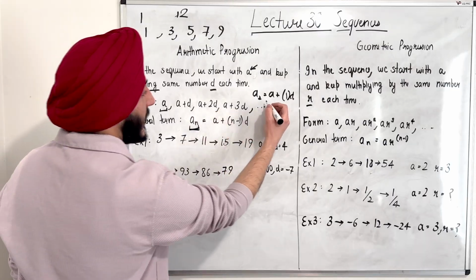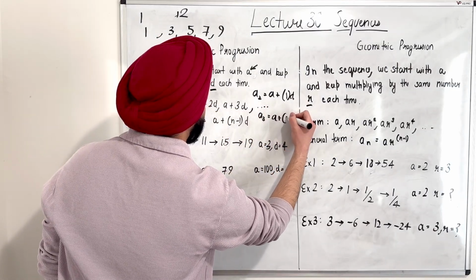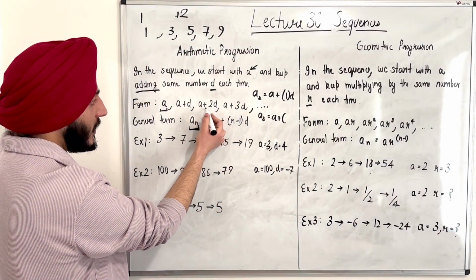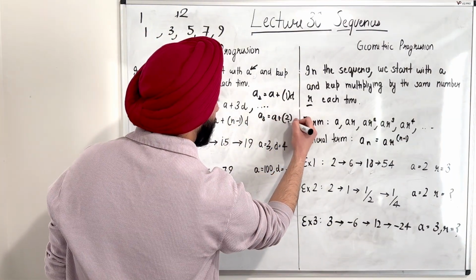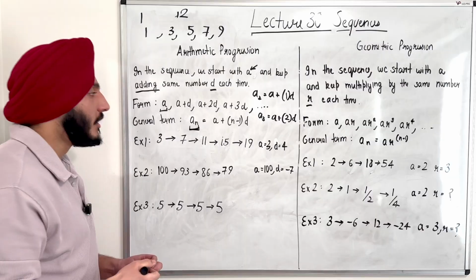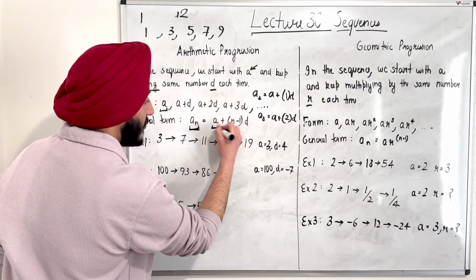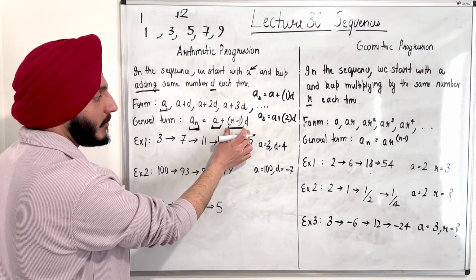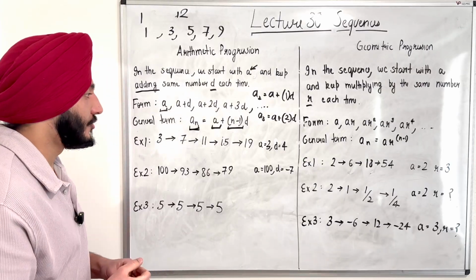Third element would be again a3 equals a plus n minus 1, so n minus 1 in this case would be 3 minus 1, which is 2, times d, right? So this keeps on going. So this is just a general form: the first term, and then the next term is you multiply d by n minus 1 times, which is the general form of an arithmetic progression, right?